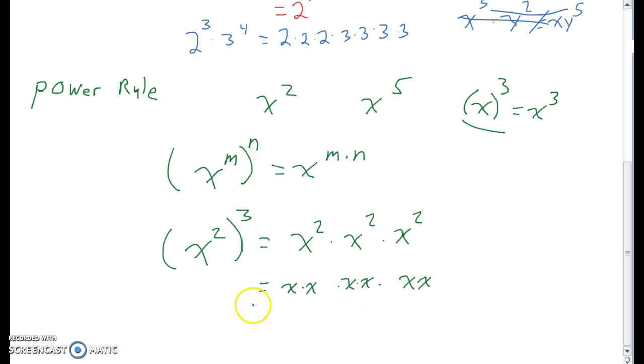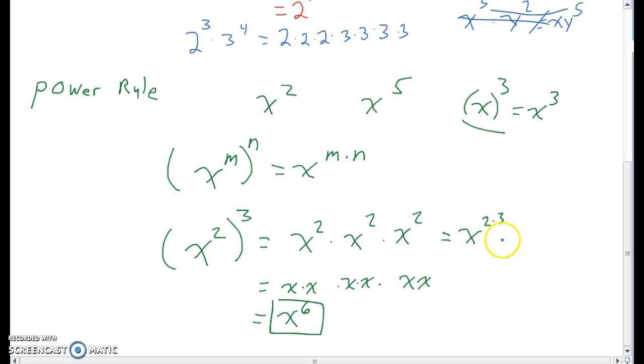Right, so here we see we have 6 x's. So that's the same as x to the 6. So, as I said, we can rewrite this as x to the 2 times 3 or x to the 6th power. Okay. So that's kind of what's going on with the power rule.